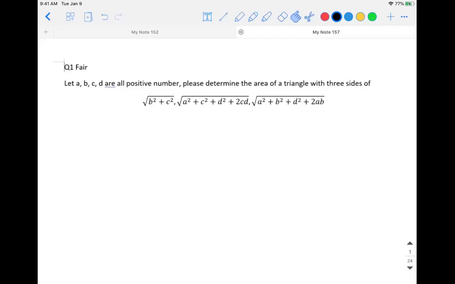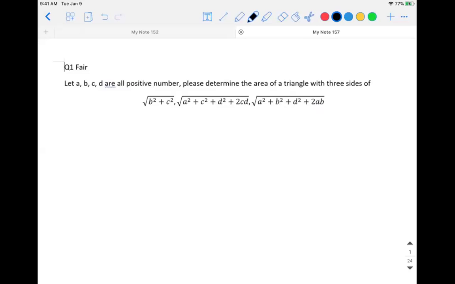And for the other, a squared plus c squared plus d squared plus 2cd, you can separate it as a squared plus (c plus d) squared. It's just a factorization. Then you put this entire triangle into a rectangle, and you get the area of the rectangle minus the 3 other areas. Okay, perfect. Thank you, Jennifer.